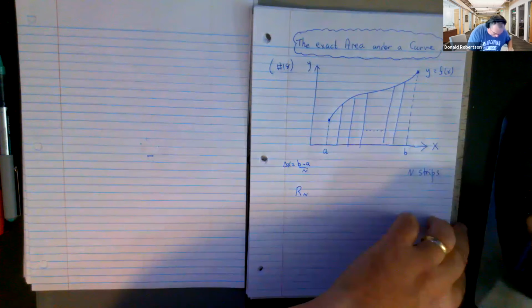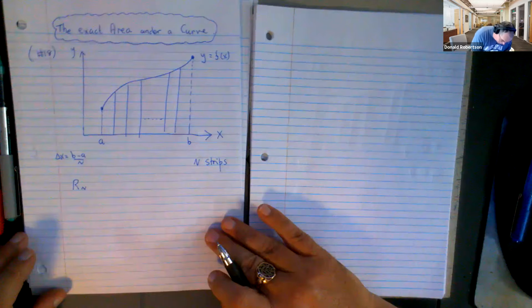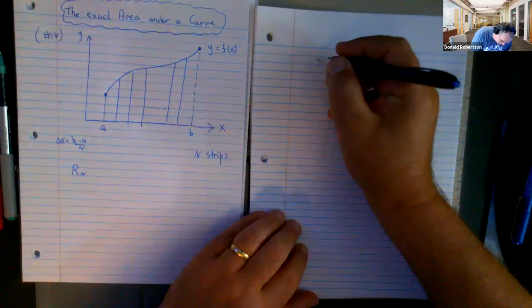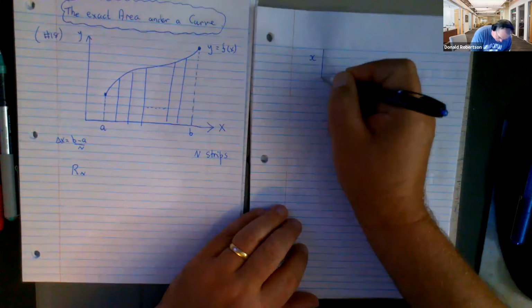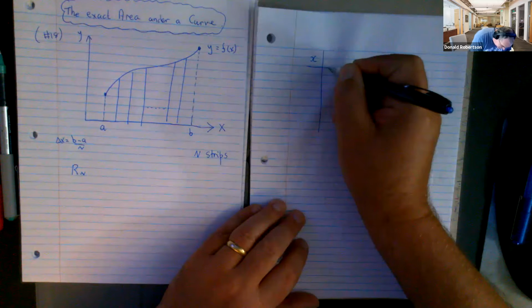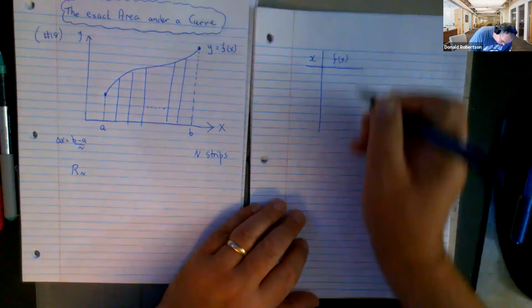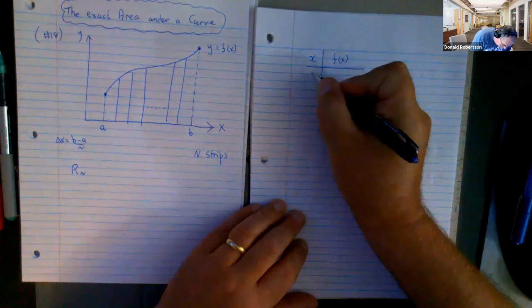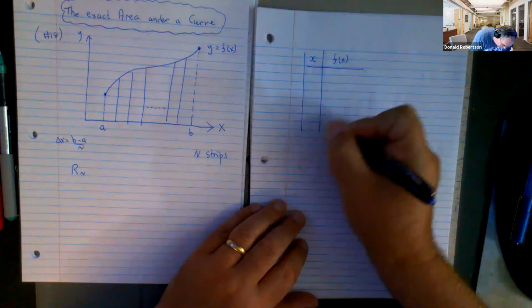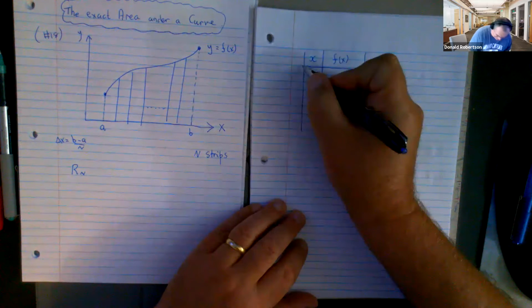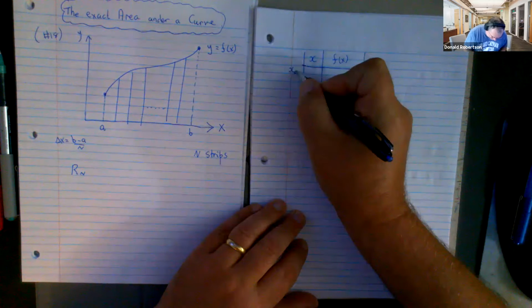And I'd like to create my table. Well, normally you've got numbers, so creating the table is a lot easier than it is going to be now. But I'm still going to try and do it as a general thing. So the guy that we call x naught is A. It's an easy one.